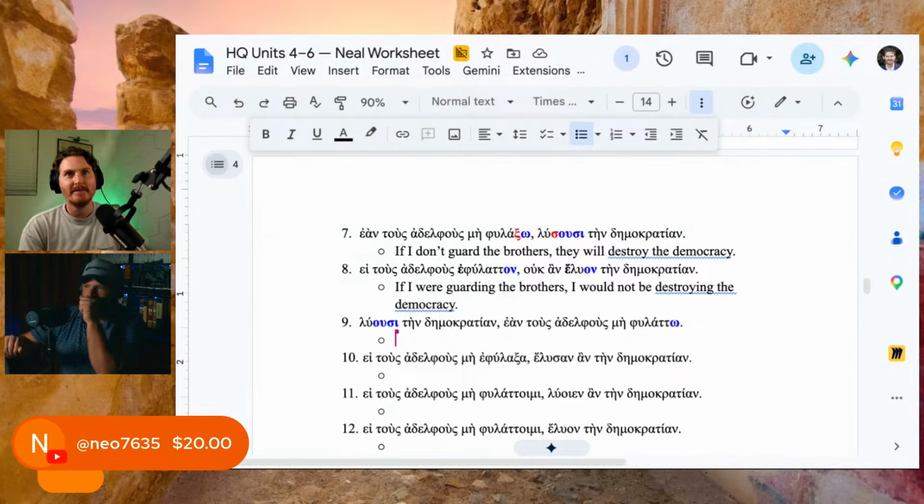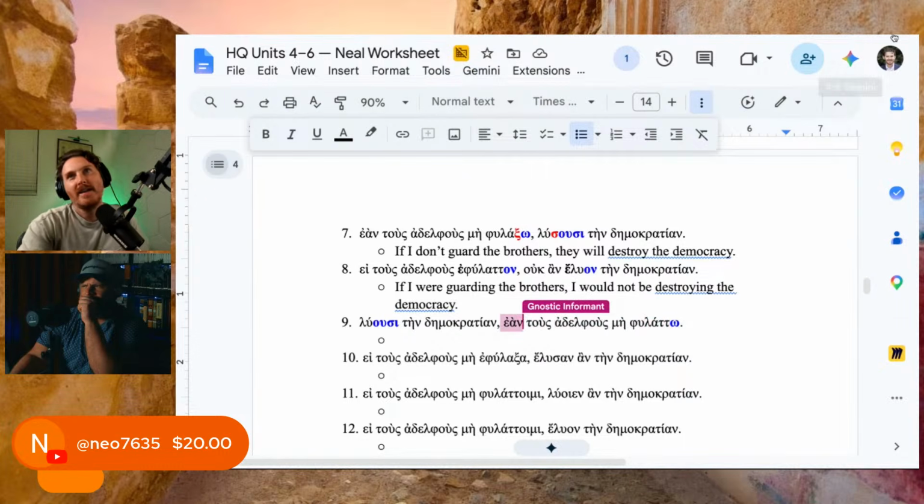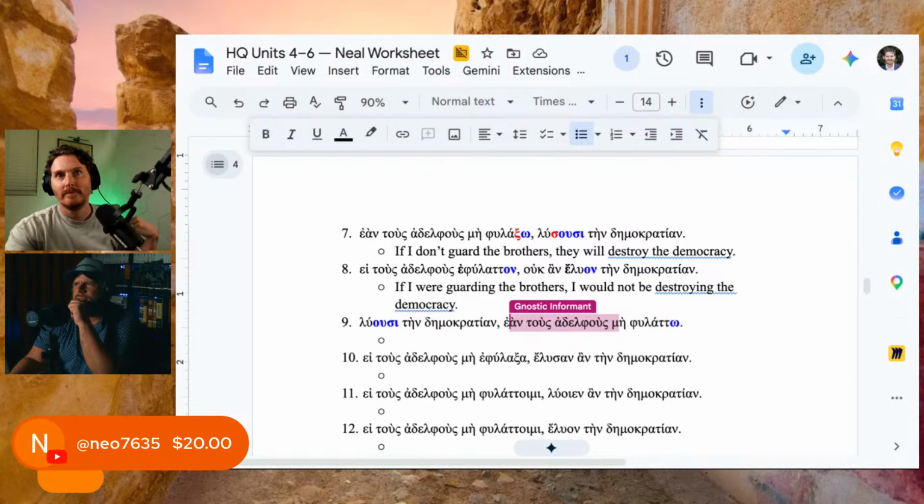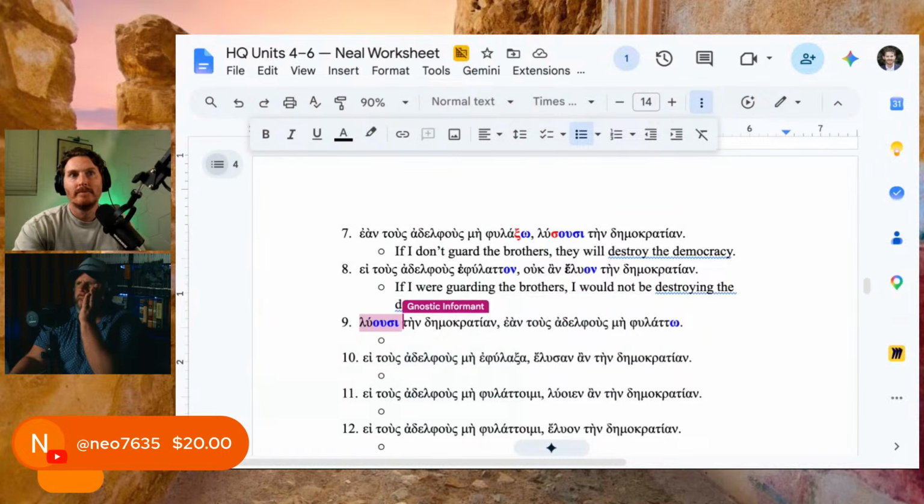Exactly. So that means we can kind of start over here, right? Yeah. You kind of have to start over there. So if the brothers don't guard, no, I'm sorry. If I don't guard, sorry, this is the accusative. If I don't guard the brothers, they won't destroy democracy.